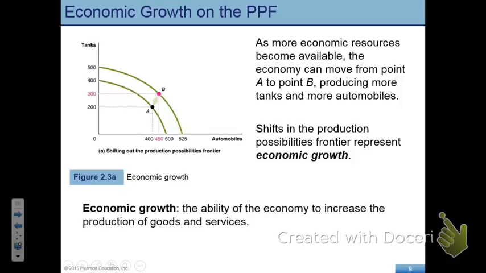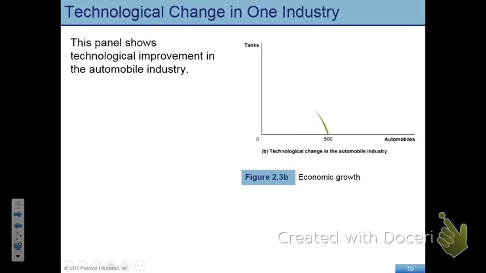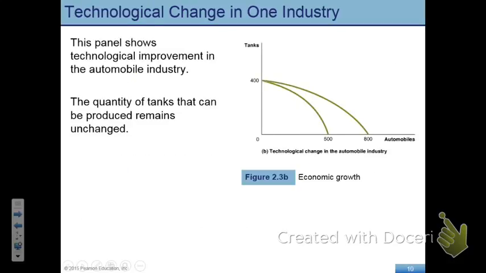But then you can have sector-specific technological change. Sector-specific technological changes are very common. You can think about, like, an assembly line production process in the automobile industry. That was an industry-specific technological change. Anyone familiar with what an assembly line is?